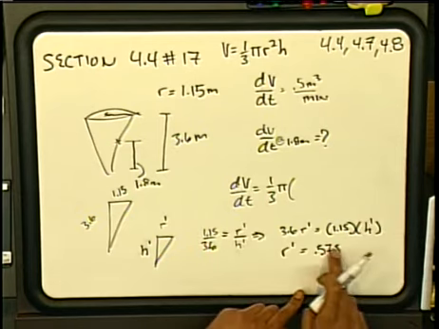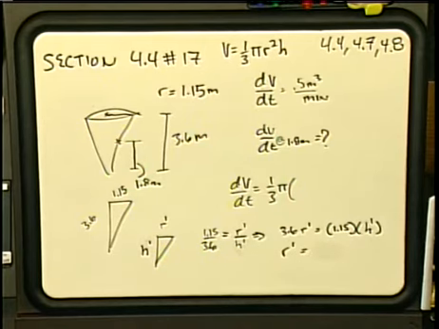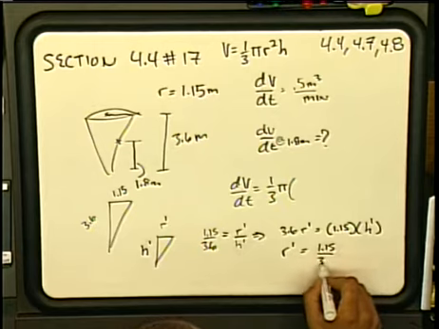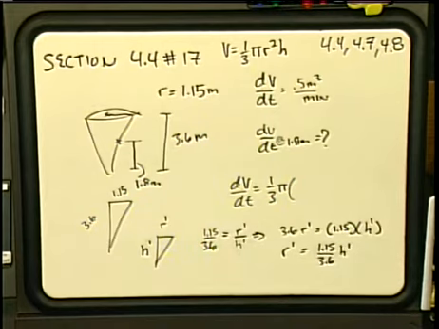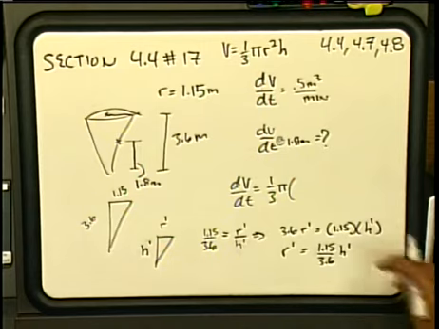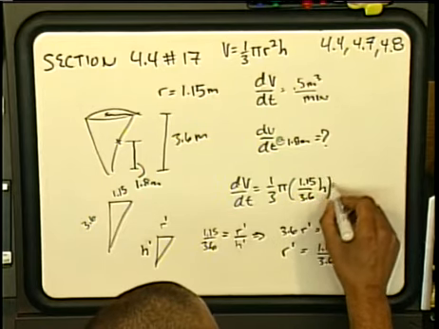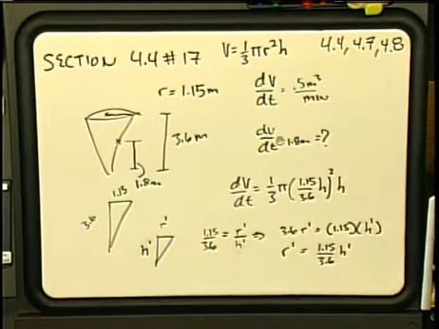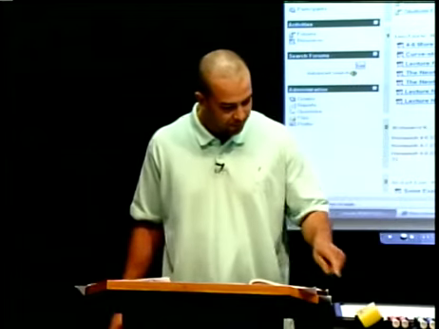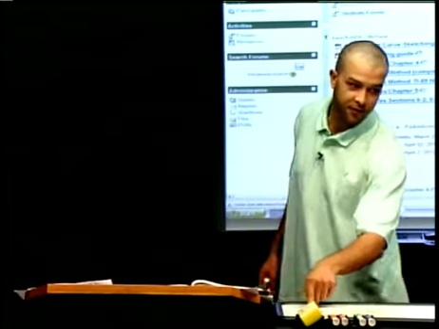So it'll be R prime over 1.15 over 3.6 H prime, and this is going in your equation for dV dt, and then times it by H. Yeah, that's the other H.